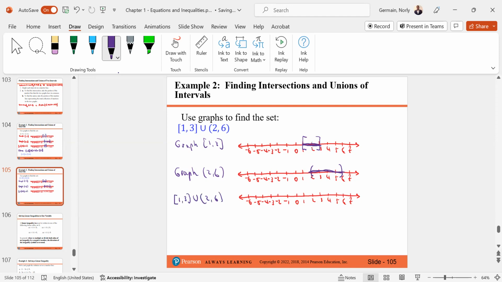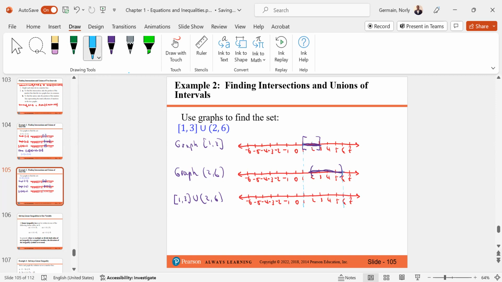All right. Now what we said in terms of union, the union is the set of elements in set A or in set B or in both. That means take everything. If I'm looking at this line, I see the first one starting with 1 and the second one ending with 6. So I'm going to take everything.